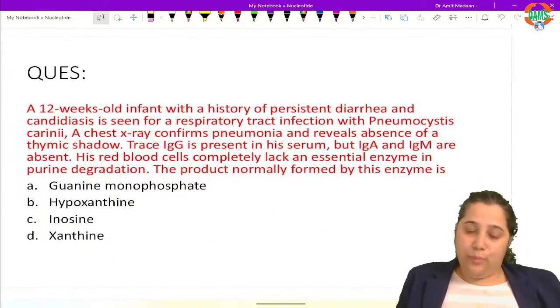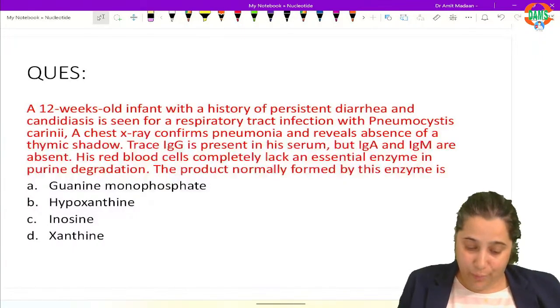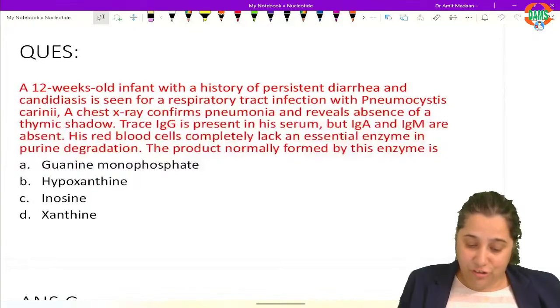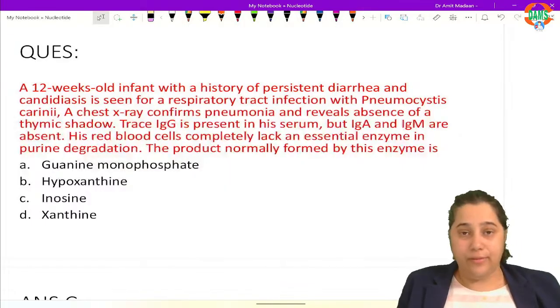Another question, a 12-week-old infant with a history of persistent diarrhea and candidiasis is seen for respiratory tract infection with pneumocystis carinii. A chest X-ray confirms pneumonia and reveals absence of thymic shadow. Trace IgG is present in his serum, but A and M are absent.